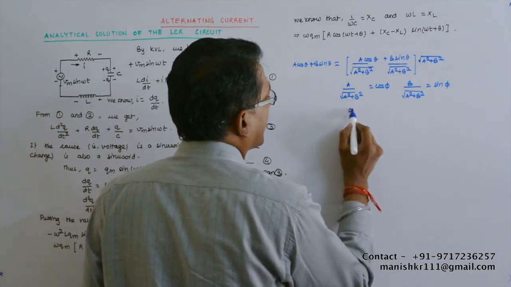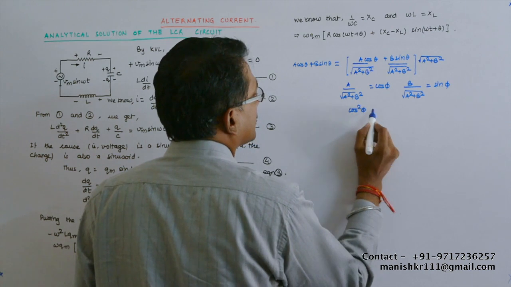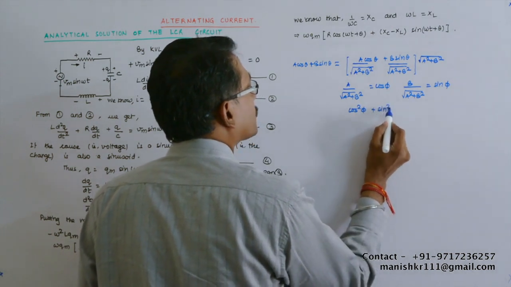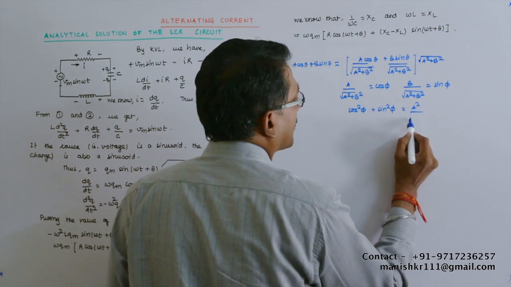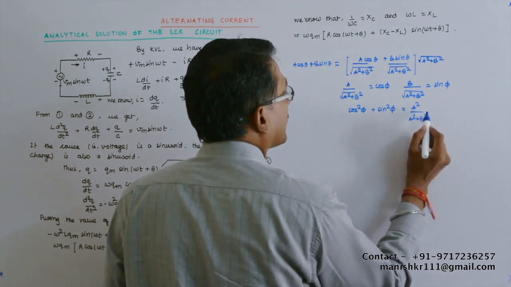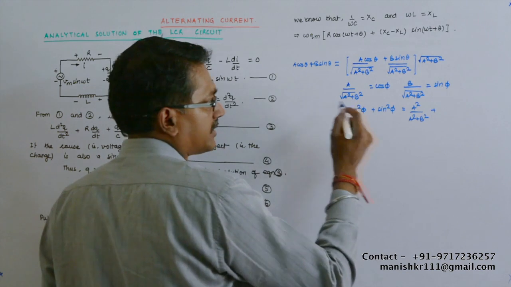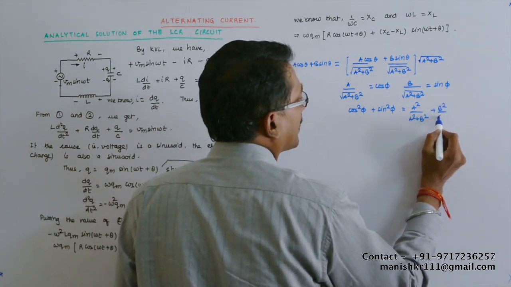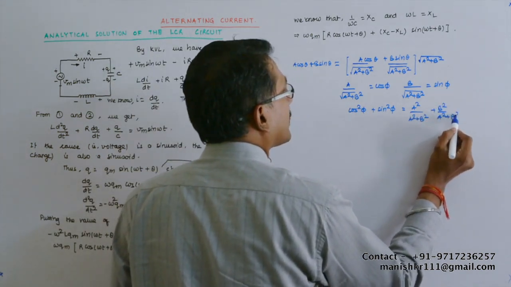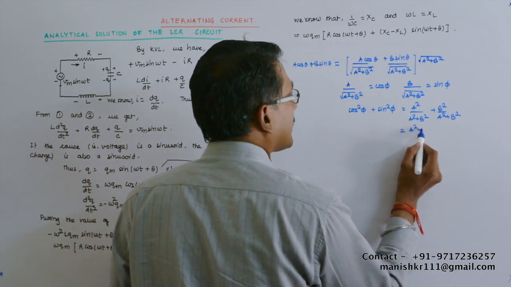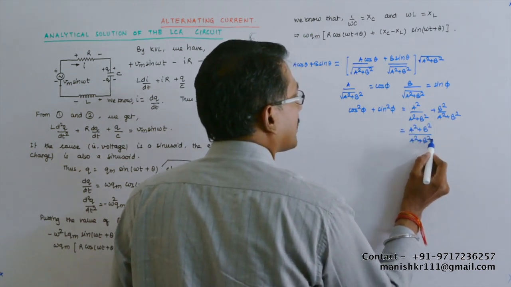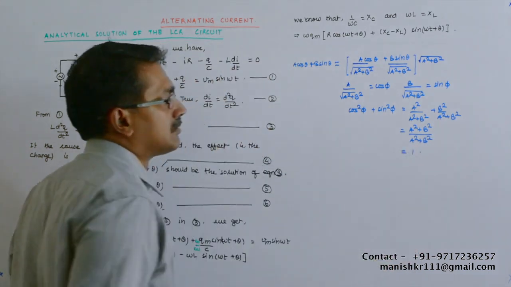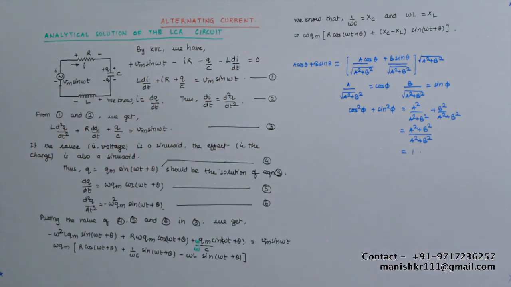Cos square phi plus sin square phi is equal to a square upon a square plus b square plus b square upon a square plus b square, which is a square plus b square upon a square plus b square, which is 1. This is what it should be.